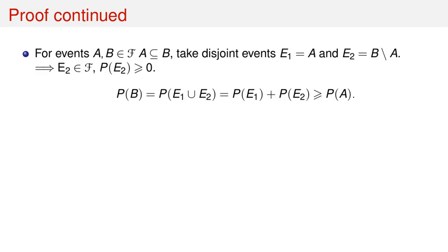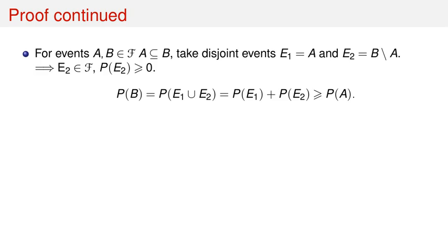Continuing with the proofs, for monotonicity, for events A, B in script F such that A is a subset of B, we can take two disjoint events E_1 equals A and E_2 equals B minus A, the part of B not in A. Since A and B are in script F, B minus A is also in script F. Also, P(E_2) must be greater than or equal to 0.